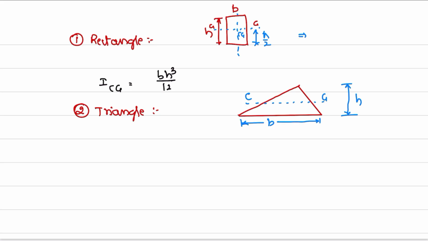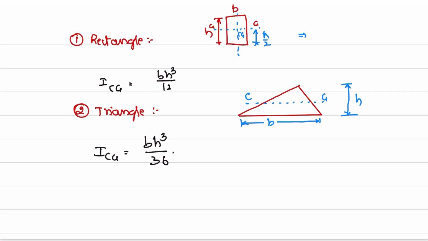Then what is the value of ICG? ICG is equal to BH cube by 36.